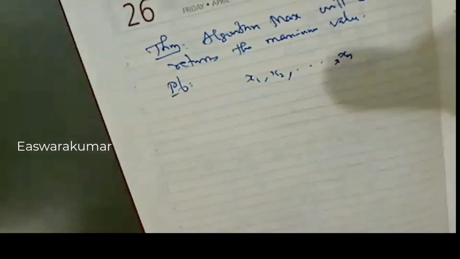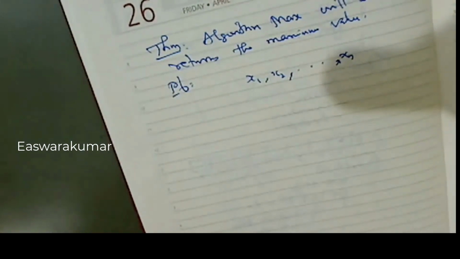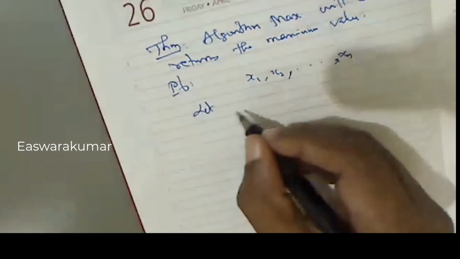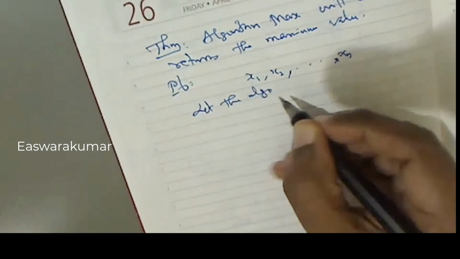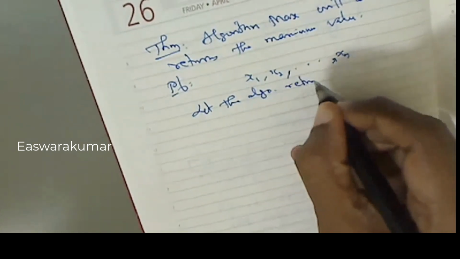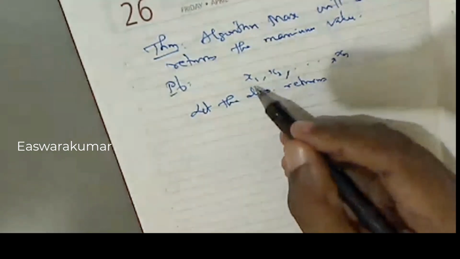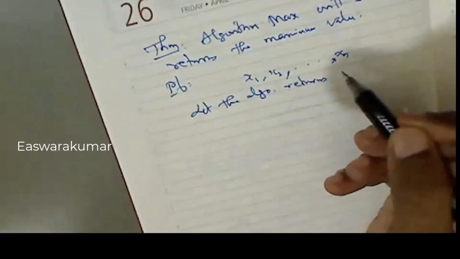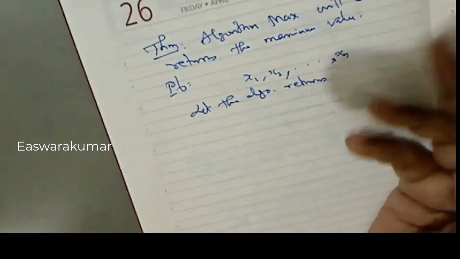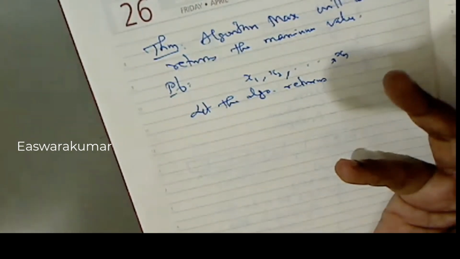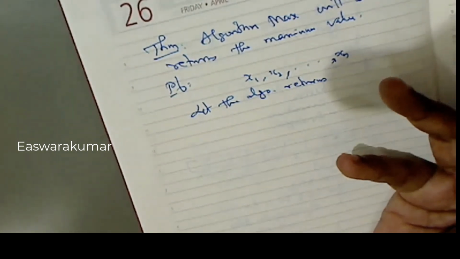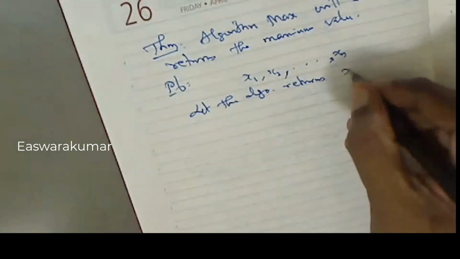Out of these n values, it will return one value. We start with x1, then compare with the remaining elements, and whatever the algorithm finally has in the variable m will be returned. Let us assume that the algorithm returns xi.